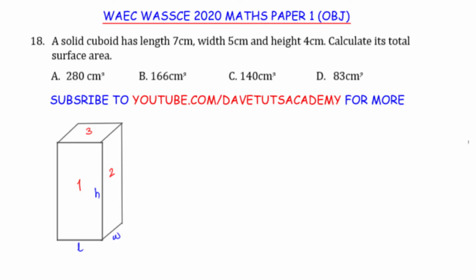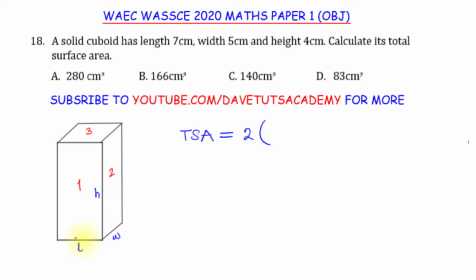So if we really want to find the total surface area of a cuboid, it's going to be 2 multiplied by the length and the height, okay? Because here we have length, width, and height. Let's be consistent with that.